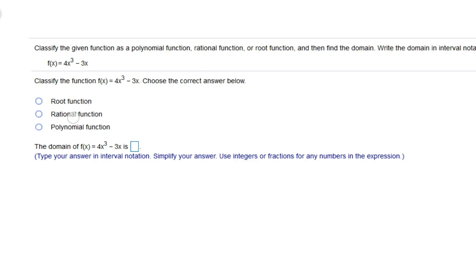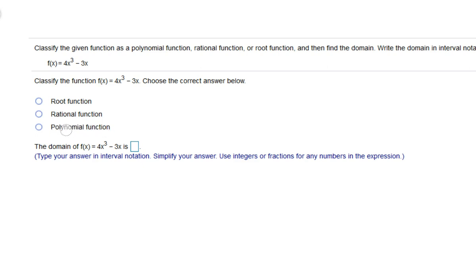A rational function is a function where you would have a fraction, and that fraction would have a variable in the denominator. And then finally, a polynomial function. Polynomial functions don't have radicals or fractions. Well, they might have a fraction in the coefficient, but you wouldn't have a variable in the denominator.